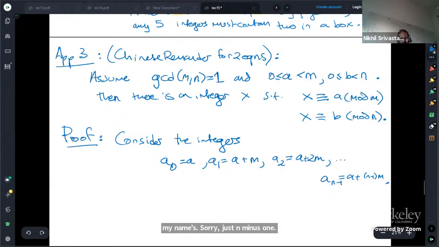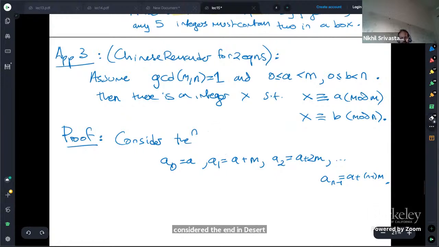So how many integers are there? There are n of them, right? Consider the n integers. So these are n numbers.